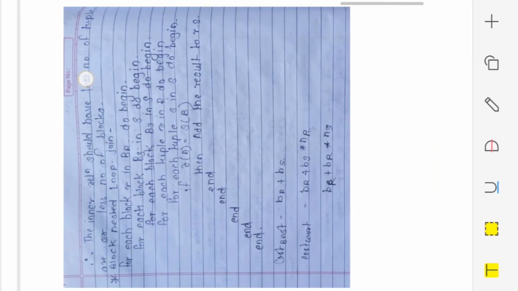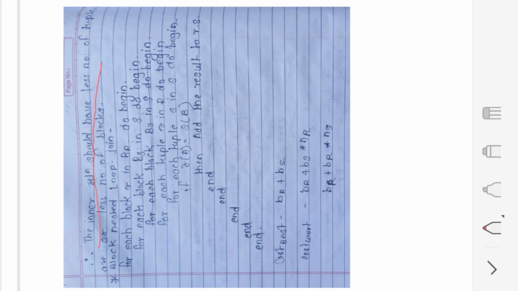So that's why, you can see here, the inner relation should have less number of tuples or less number of blocks, so that the cost will be reduced.